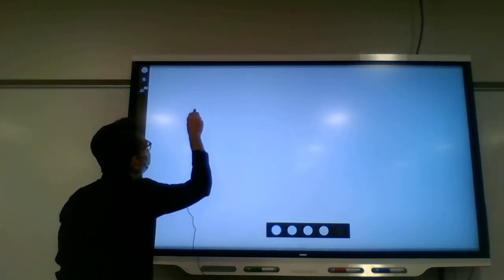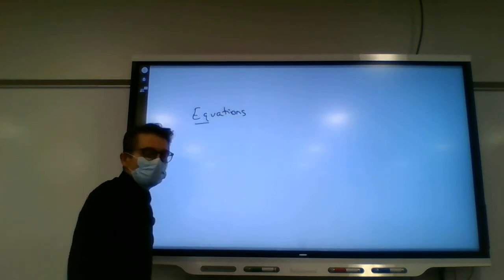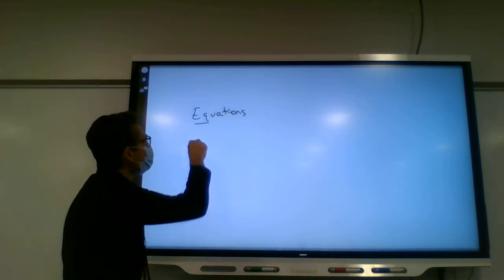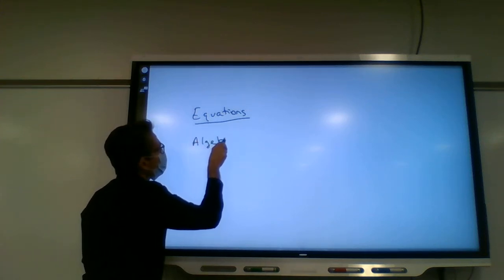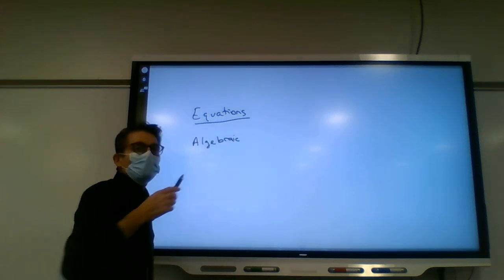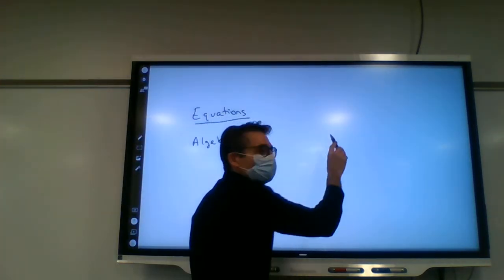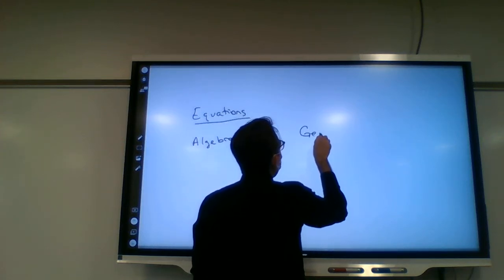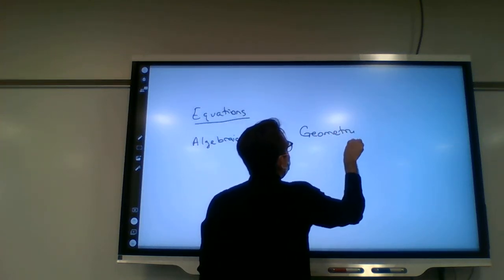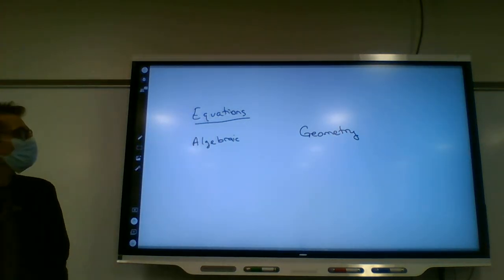In algebra class, you have equations that you're trying to solve. And so there's algebraic methods over here. But then you also have pictures you could draw of those equations. So there's geometry over here.